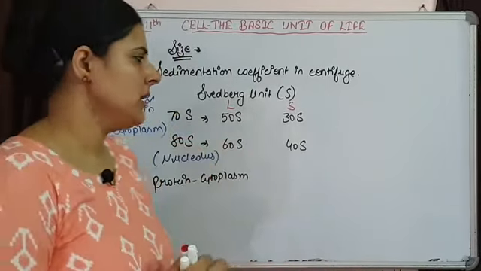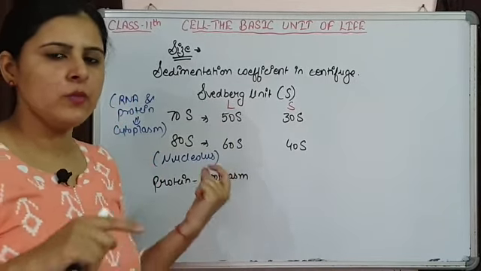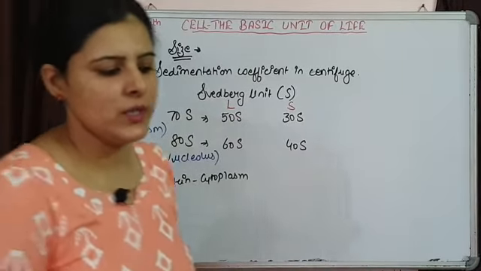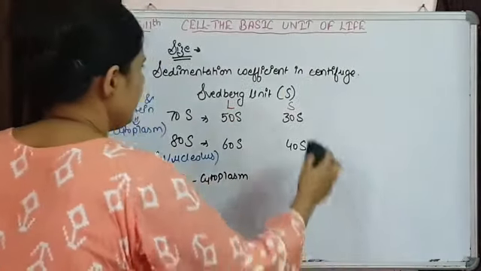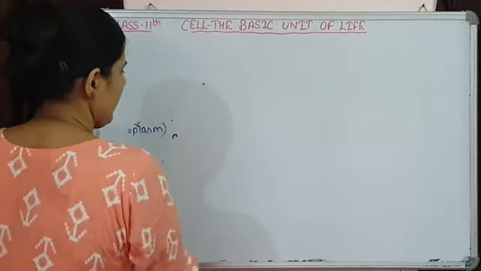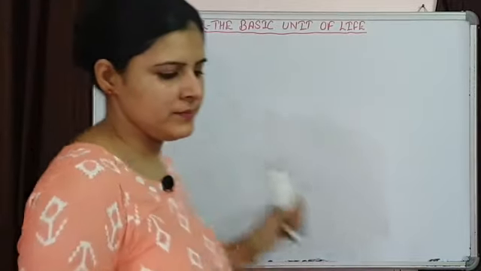Now let's see which subunit is having which RNA, which rRNA simply, and how many proteins are associated with them. So I am going to make the subunits.